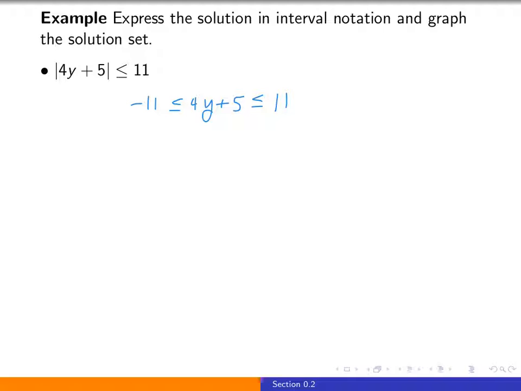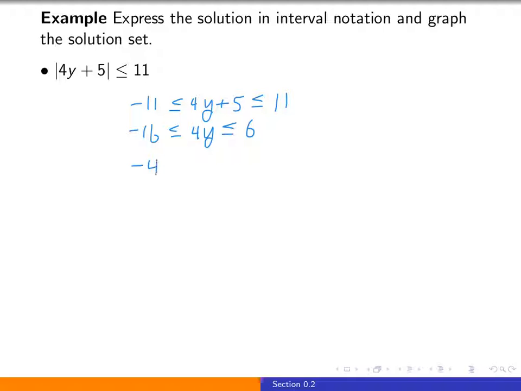And that's a very important step because once we write it in this form, it becomes an old problem for us to solve. Manipulate it step by step until that solution appears. So now what we can do is subtract 5 from both sides. So we will have minus 16 is less than or equal to 4y is less than or equal to 6. And then we can divide both sides by 4.